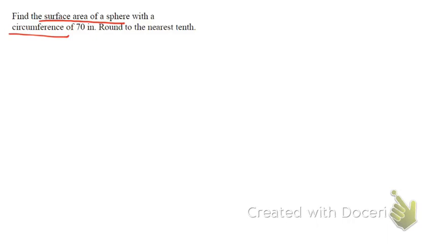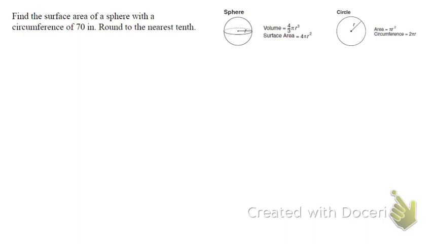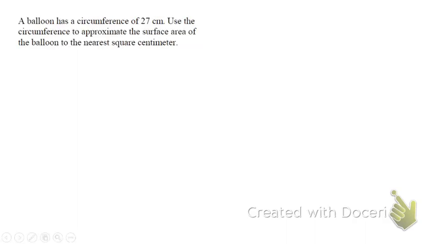So go to your reference sheet, find the surface area of a sphere, and hopefully that was this formula right here, and also find for a circle the formula for the circumference of a circle. Hopefully you found that to be this guy right here. So we have basically two formulas.